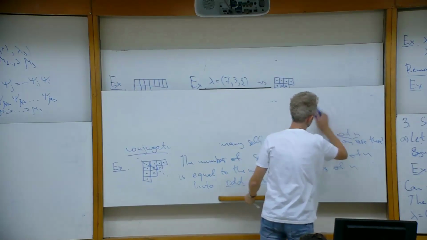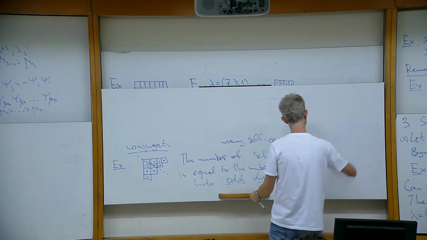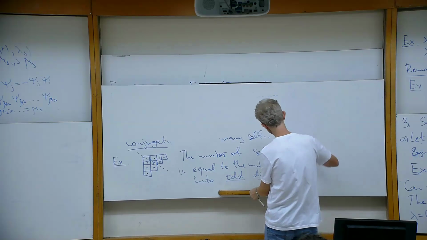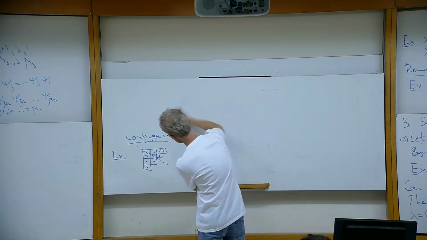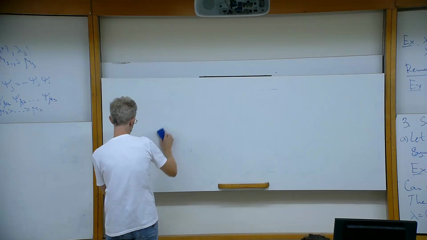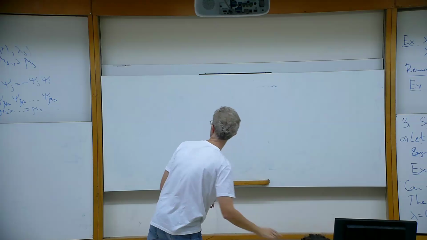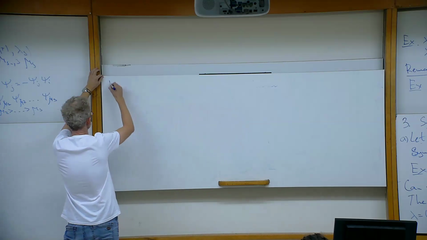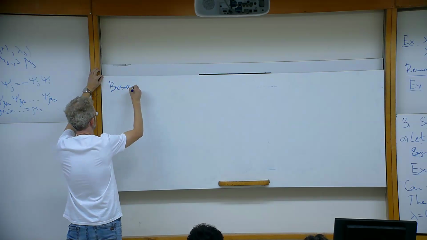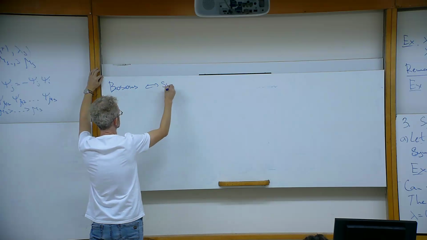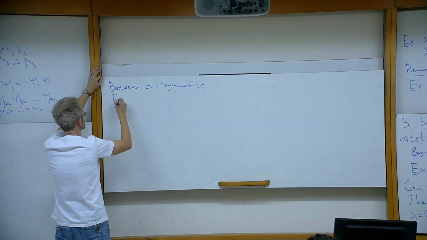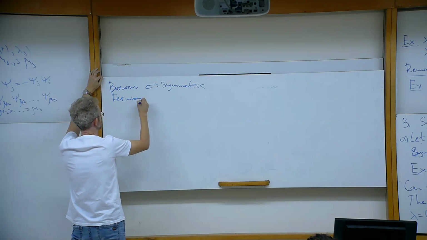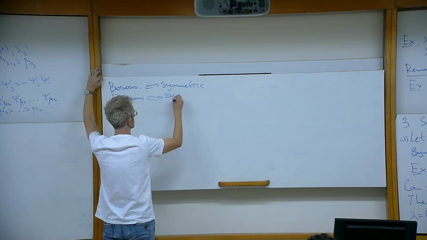There are many theories, I would say, based on this very naive observation. In physics, for example, you can see the words bosons, which correspond to the symmetric case, and fermions, which correspond to the skew symmetric.